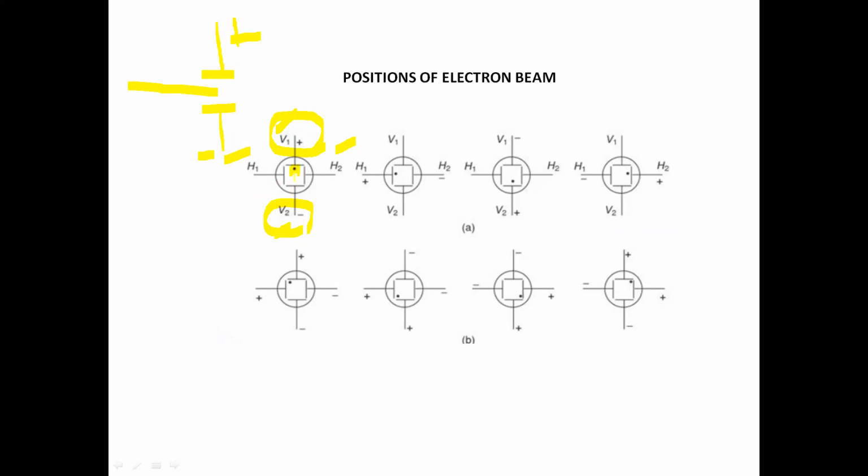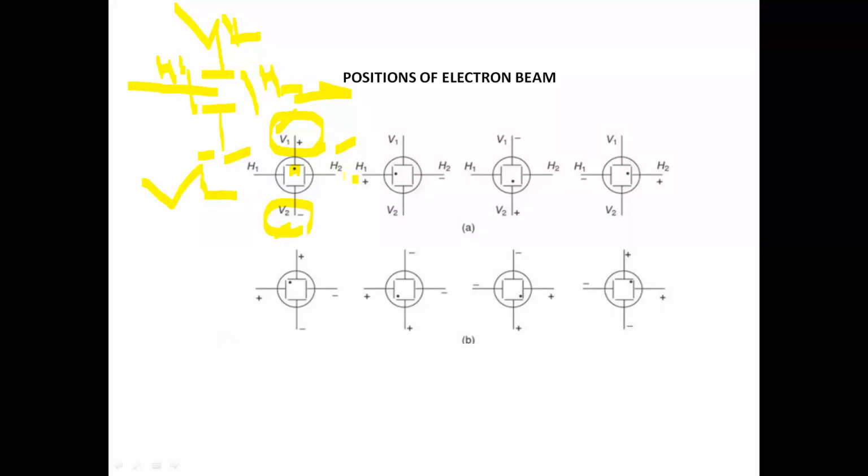Look here carefully. Okay, so if we apply the positive voltage to the horizontal plate, there are two horizontal plates. So this is H1 and this is H2. Vertical, this is V1 and this is V2.